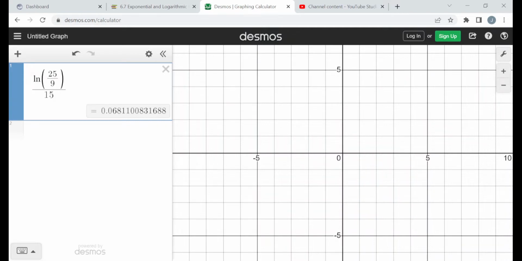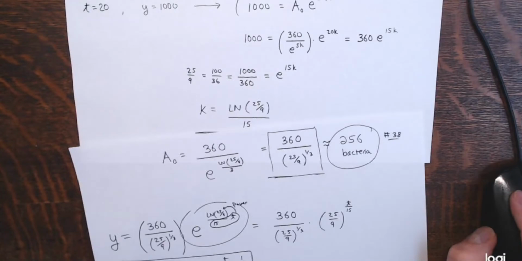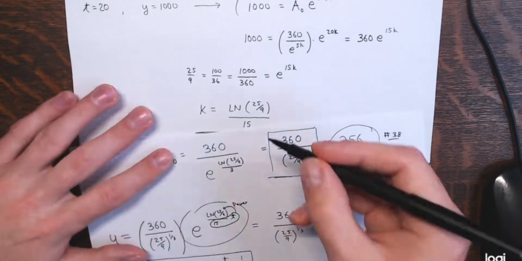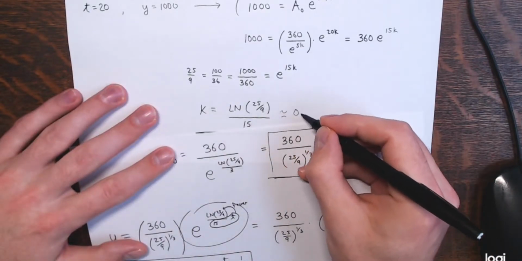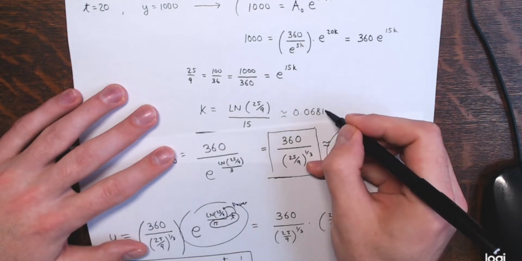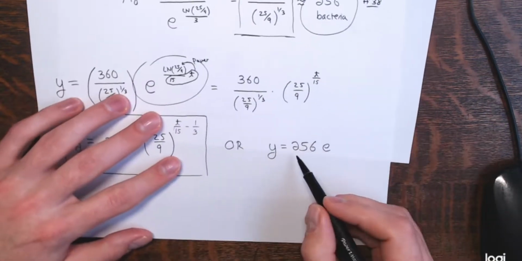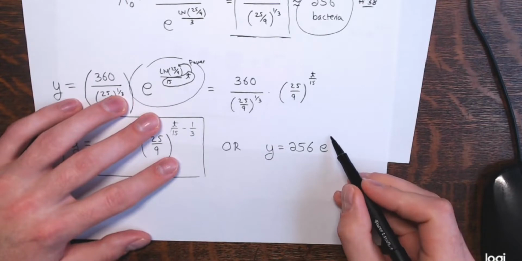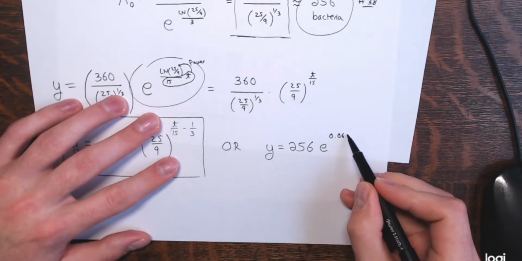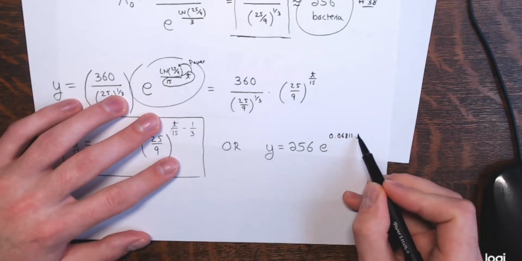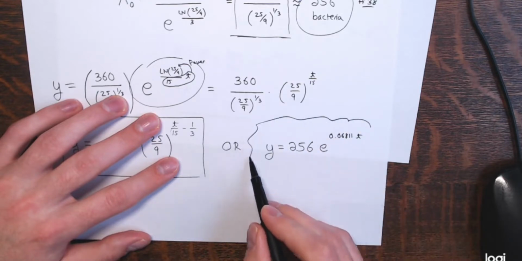Might as well go 5 there. And I'll use that. So y equals 256 times e to the 0.06811t. And this is also good.